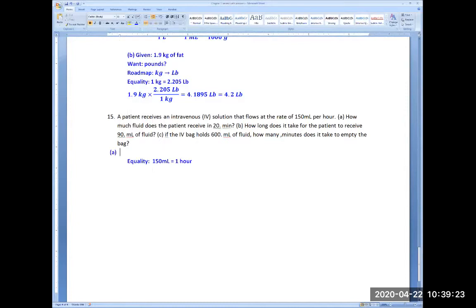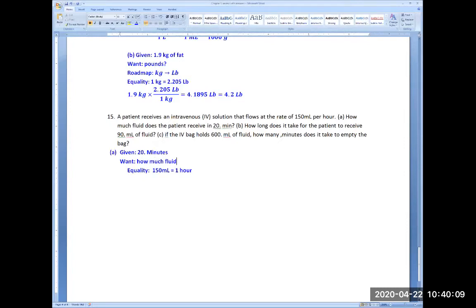We know that the 150 milliliters per hour is going to be our conversion factor most likely, because it's an equality. And here we have 20 minutes, you're given 20 minutes. And you want to know how much fluid you received in those 20 minutes. So I will write this, how much fluid, but you have to guess what the unit will be.